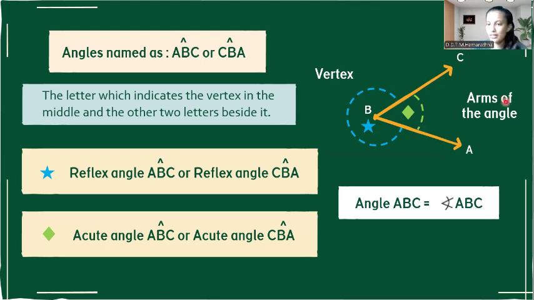There is another method to name angles. Angle ABC can also be indicated using this symbol. This symbol indicates the meaning of an angle, so we can read this as angle ABC.